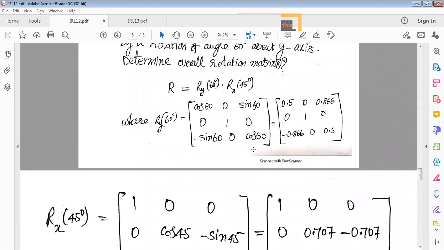Okay. So what is the matrix about y-axis by an angle, say, 60? Cos 60, 0, sin 60, 0, 1, 0, minus sin 60, 0, cos 60. So this is the matrix. Cos 60 is 0.5, sin 60 is 0.866.